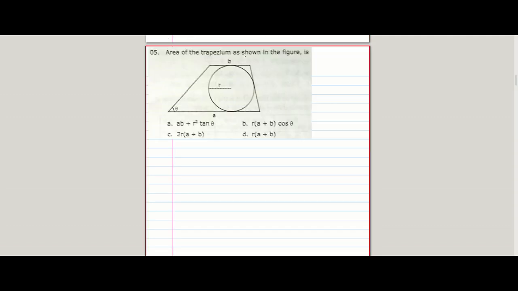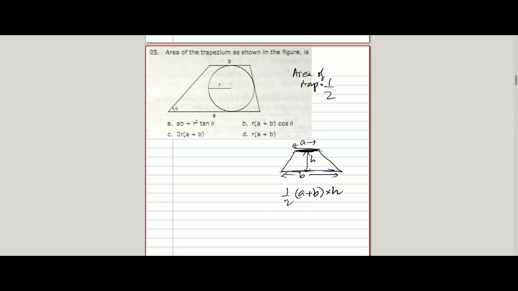Question 5 says area of trapezium as shown in the figure is, we need to find the area of trapezium. The formula is, for a trapezium like this, if this is A, this is B, and the height is H, these two line segments are obviously parallel in a trapezium, so the area will be half A plus B into H. So here also it's A plus B into H. H is what?